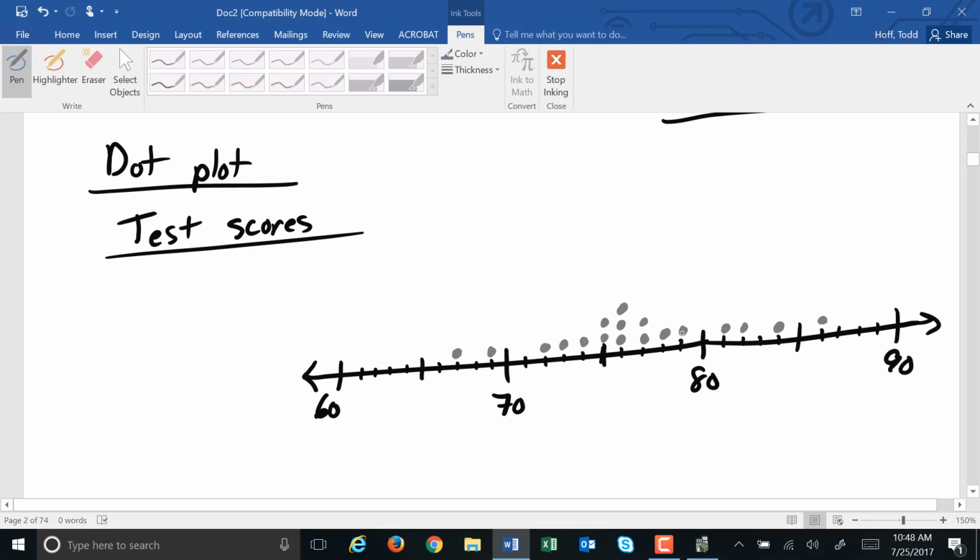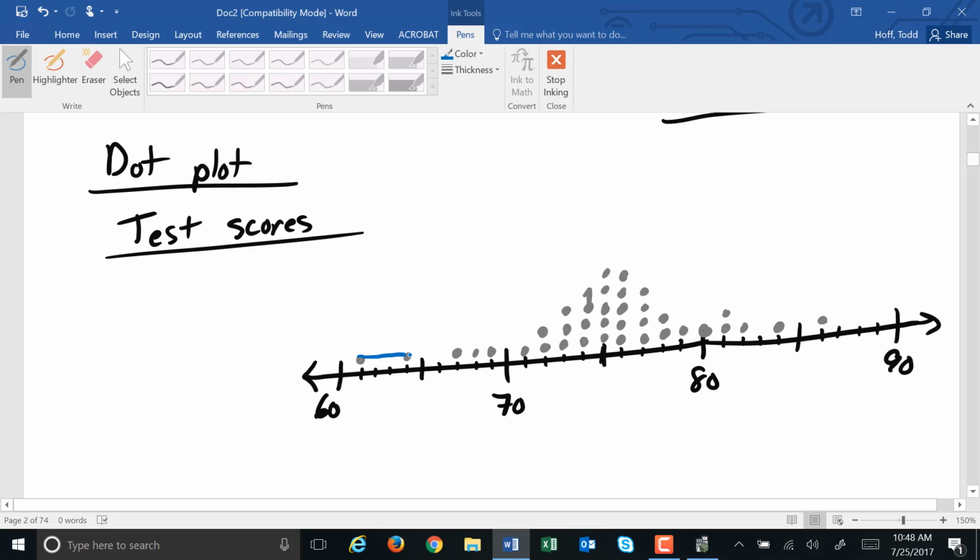As I'm putting those dots on here, you notice that some spots keep getting repeated over and over again. Other spots don't have any values there. But if I grade enough tests and keep putting enough of them on this number line, what eventually happens is the dots build up and they form a definite shape.